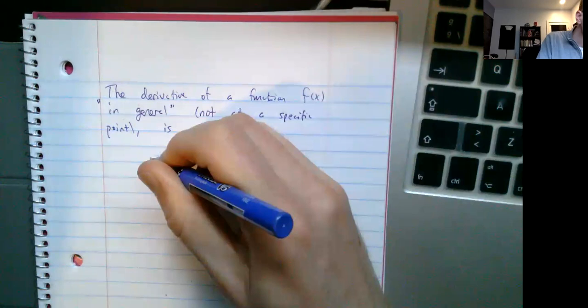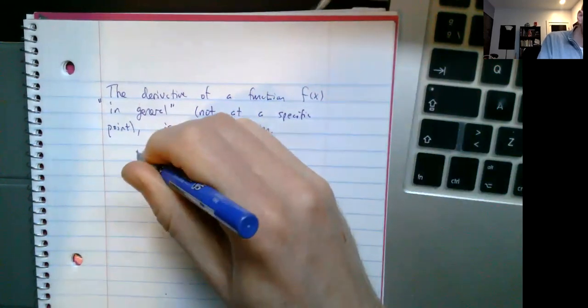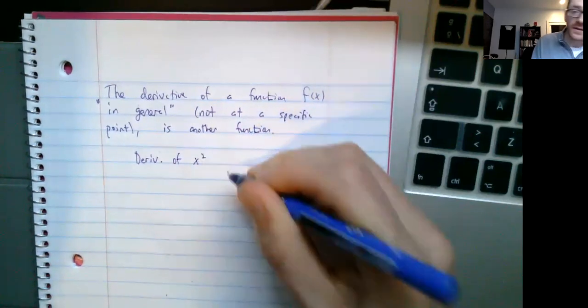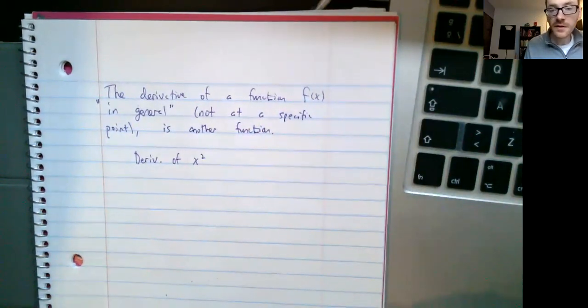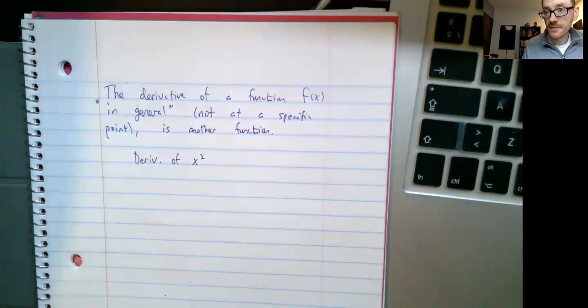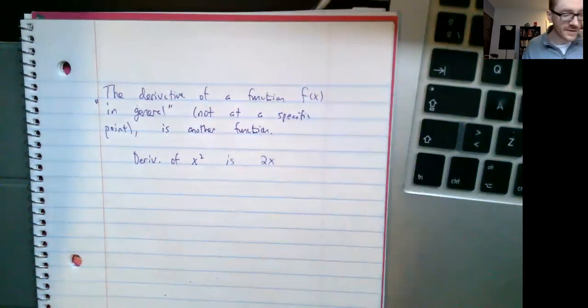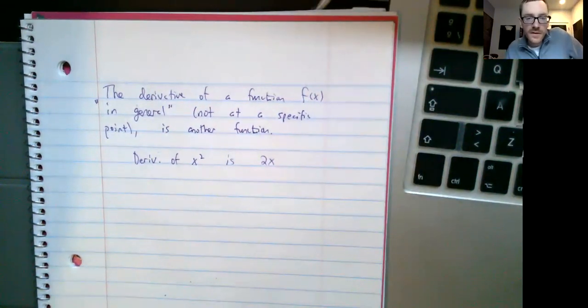The example that we did was the derivative of x squared in general, not at a specific point, but at the variable x. In general, the derivative of the function x squared is another function, 2x. Okay, and this generalizes. This is always true.